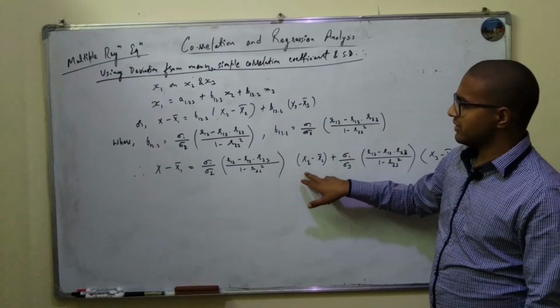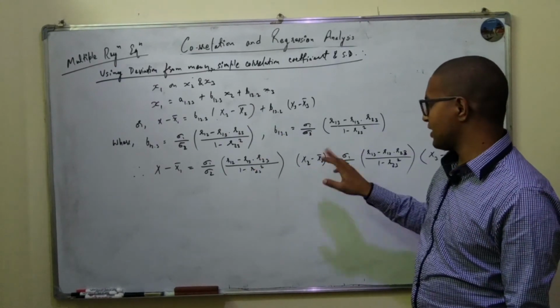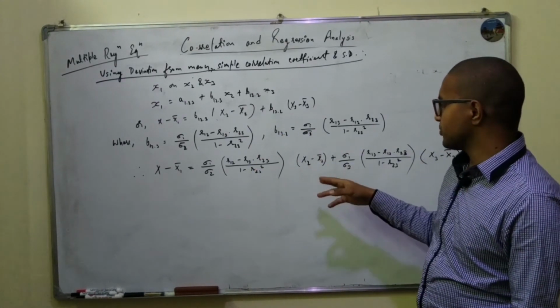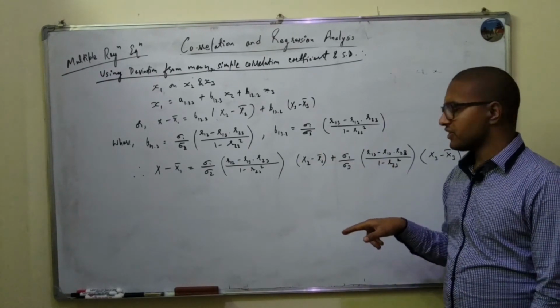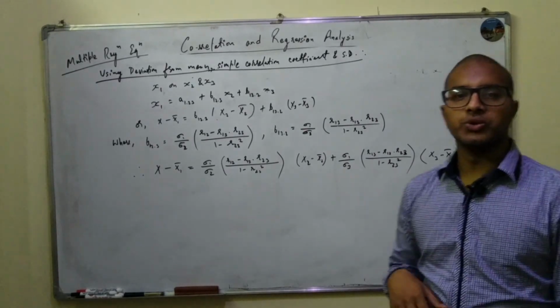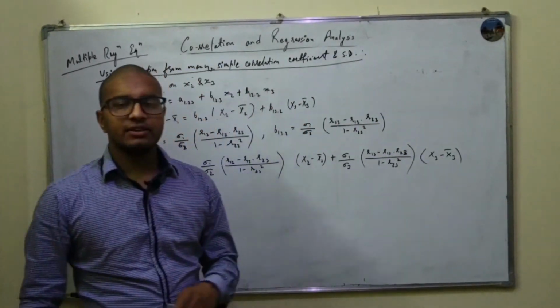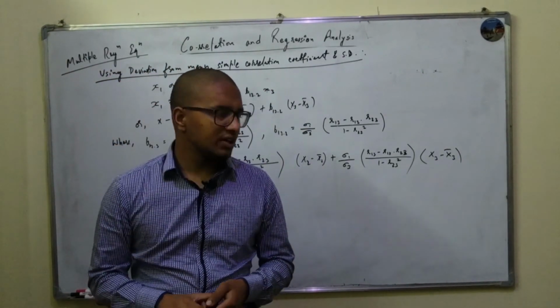We multiply by x2 minus its mean, and the same thing for b13.2, where we multiply with x3 minus x3 bar.